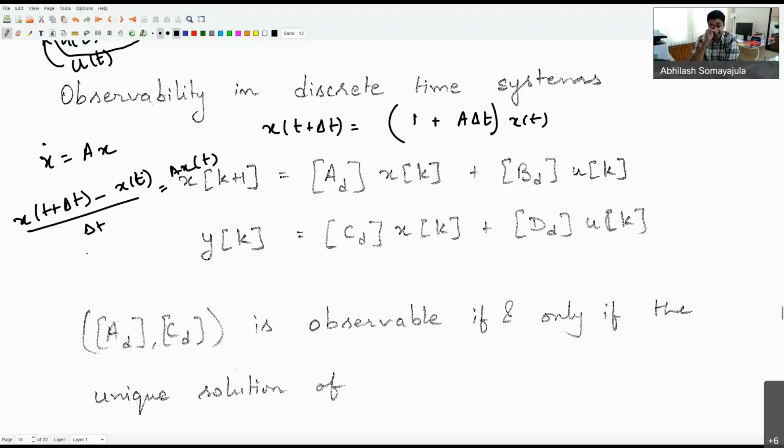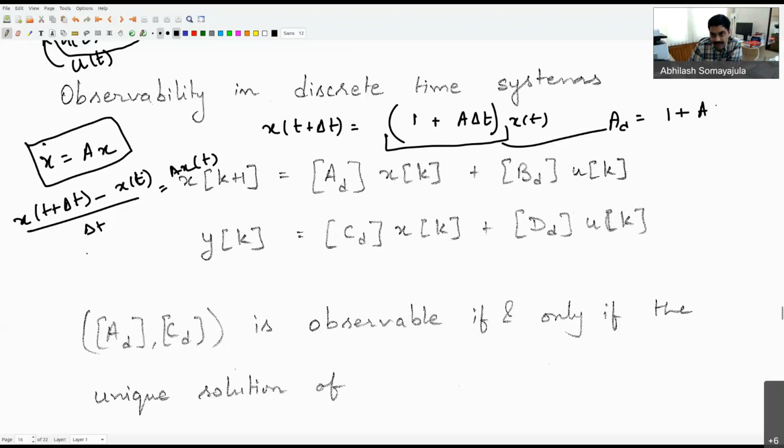So this discretization will have an effect. Although the original system was given as x dot is equal to a times x, the discrete time system's a is not the same. If I call this AD, then AD is 1 plus a times delta t when I use Euler's forward scheme. But suppose I approximate the derivative in a slightly different way.